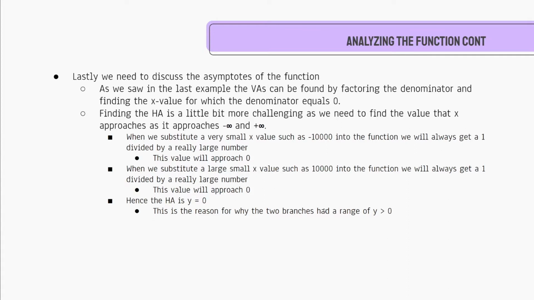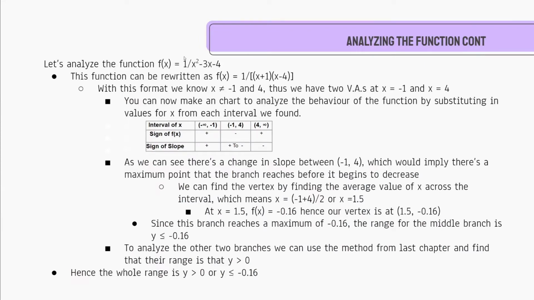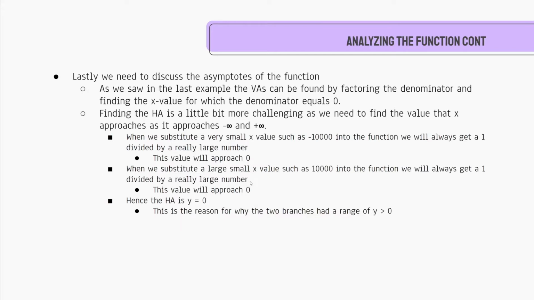So if we substituted negative 10,000 into a quadratic of the form we had before, we have 10,000 to the power of 2. We get a really big number, right? So now we're dividing 1 by a very large number, which would mean that the value overall becomes really, really small. And that would approach 0 as long as we make x big enough, or small enough in this scenario.